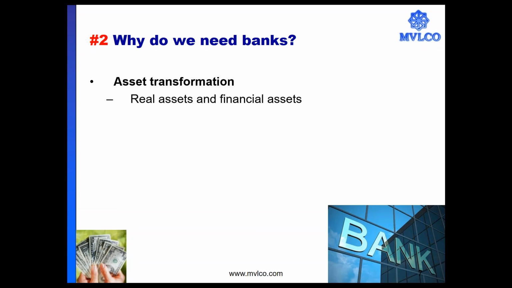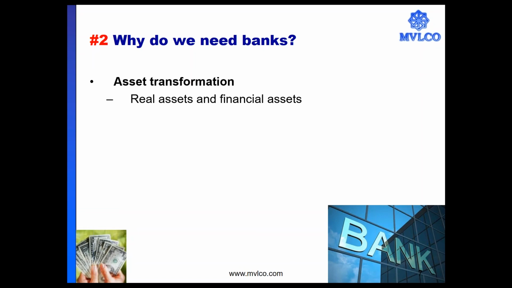A fixed deposit, a mutual fund investment, an insurance policy, an equity share. All these are financial assets. So when somebody wants to acquire a real asset, he needs money. For example, somebody wants to buy a car or a house, he'll need money. He may need to borrow this money from the bank, and that is where a financial asset of a person gets converted into a real asset for somebody else.